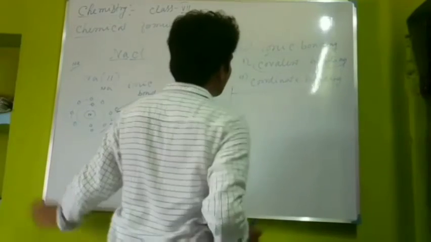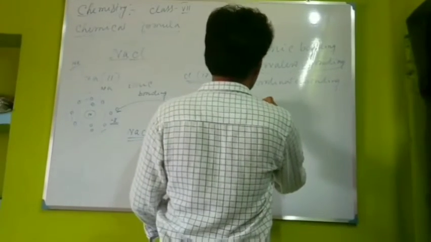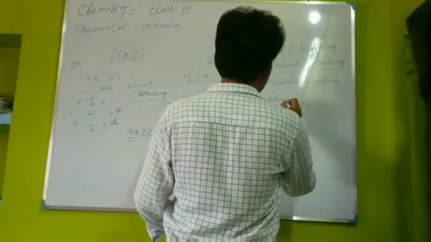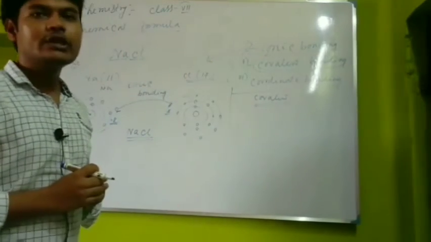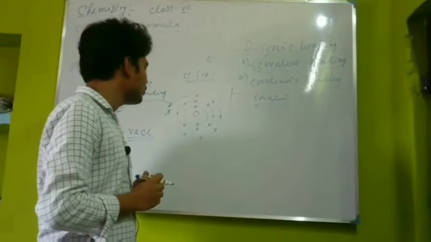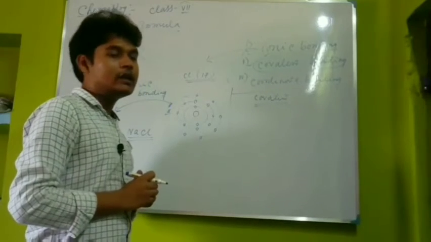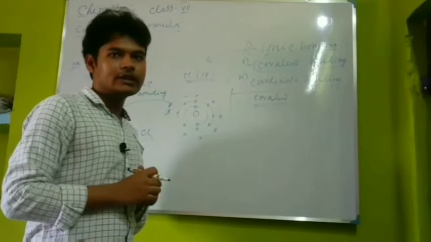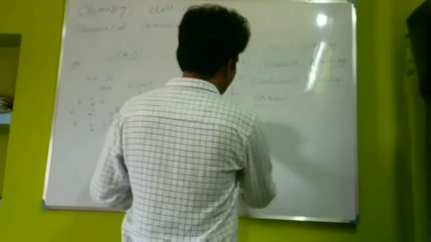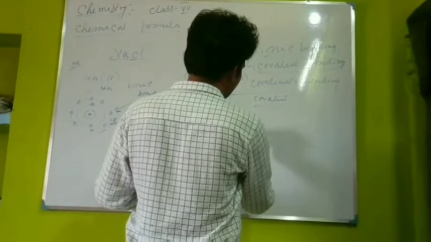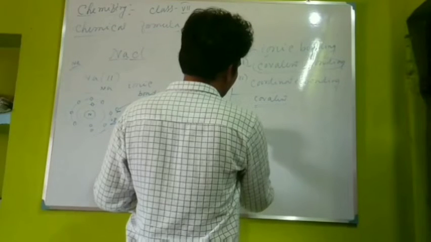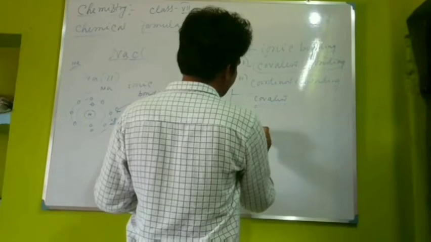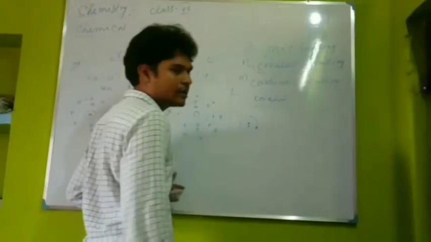Now for covalent bonding, the two atoms which take part to make a compound share the electrons. For hydrogen, that is the nucleus, one positive charge is present and one negative charge is present.